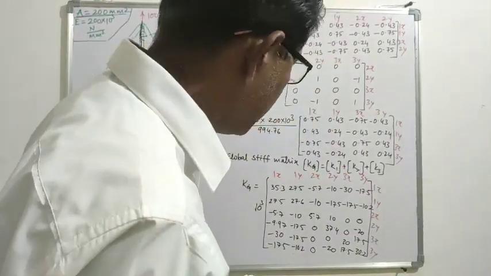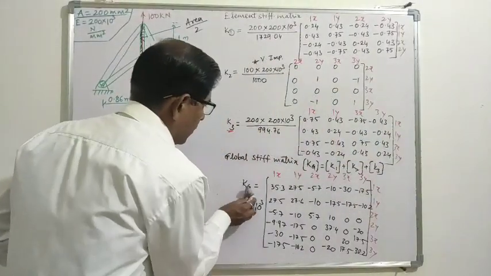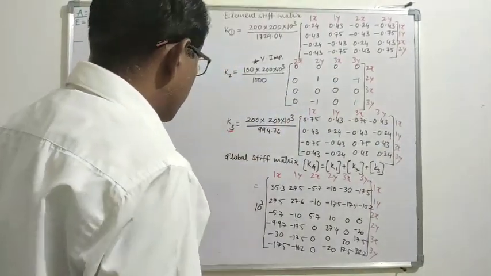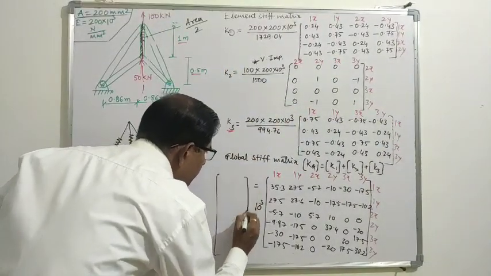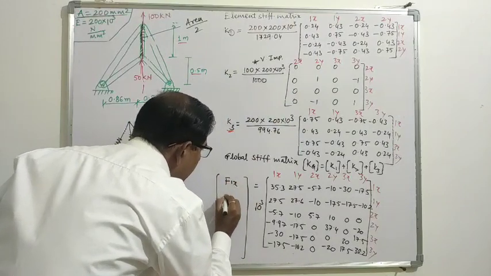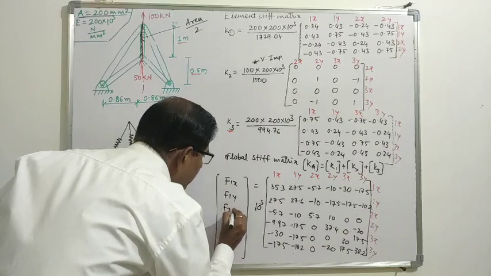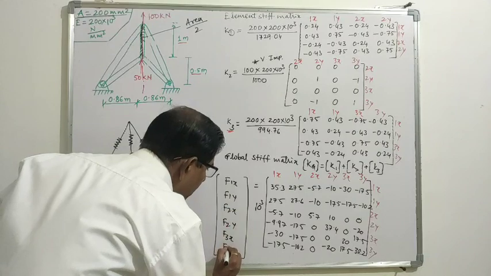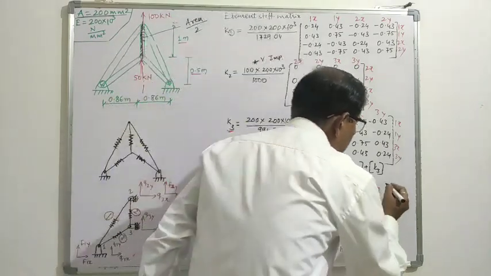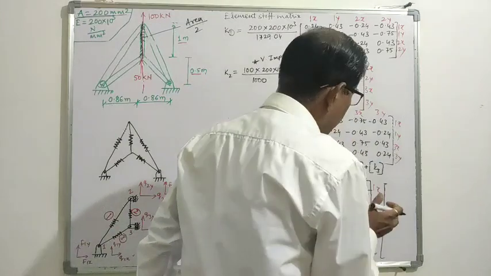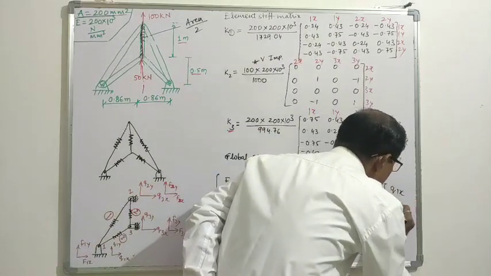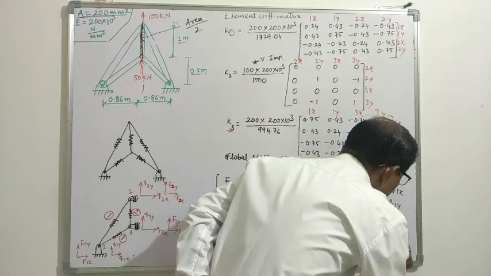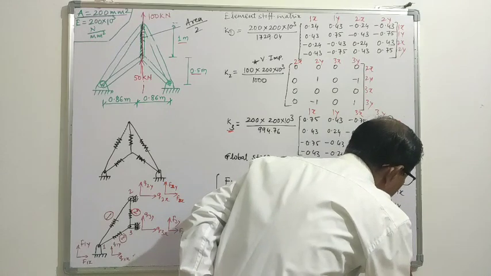Now we apply the principle of minimum potential energy. If you apply minimum potential energy or the Rayleigh-Ritz method, then it will be F1x, F1y, F2x, F2y, F3x, F3y multiplied by Kg into Q1x, Q1y, Q2x, Q2y, Q3x, Q3y.